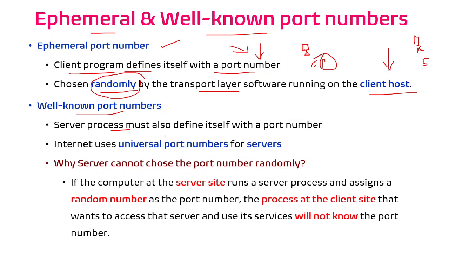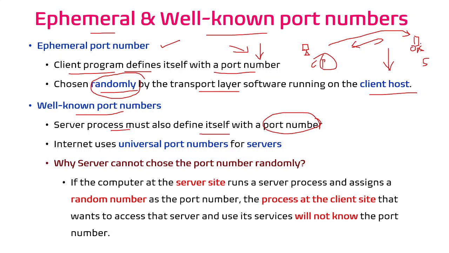And what is meant by well-known port number? A server process must also define itself with a port number, right? So our ultimate objective is I want to communicate from the client to the server, right? I'm going to retrieve some data from the server and do some communication between the client and the server. Okay. So for that, the server also should open a port number, right?